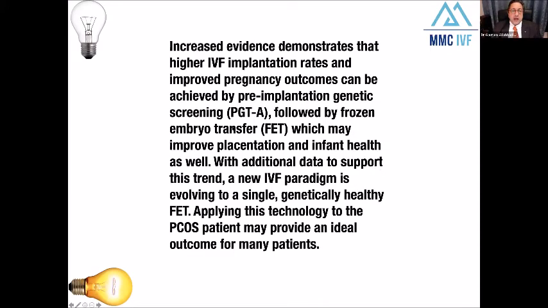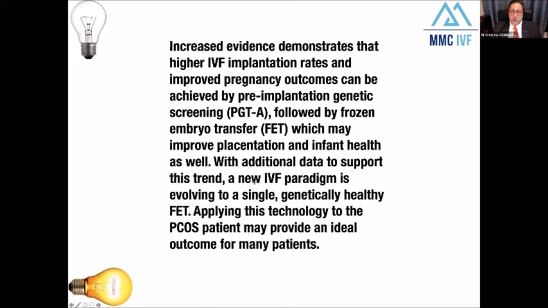Today, for me, the pillar stone of success is achieved by pre-implantation genetic screening, followed by a frozen embryo transfer, where you can prepare the endometrium of the recipient and give us very, very high pregnancy rates.